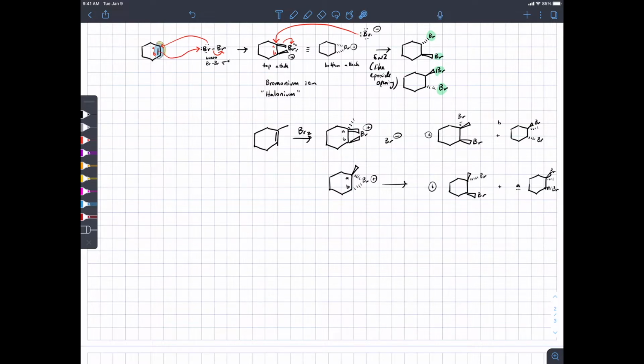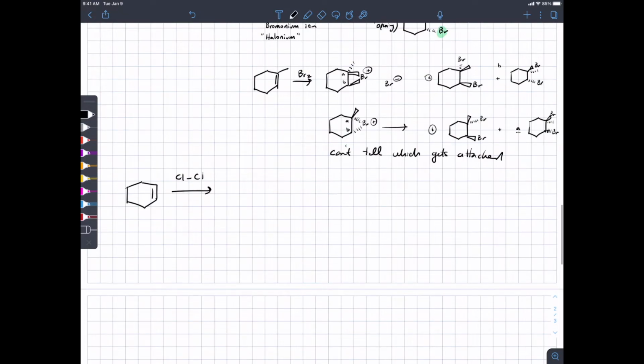So imagine that we take the same starting material, and we're going to use Br2, or, for fun, let's just use Cl2. But we're going to do this in, say, water.